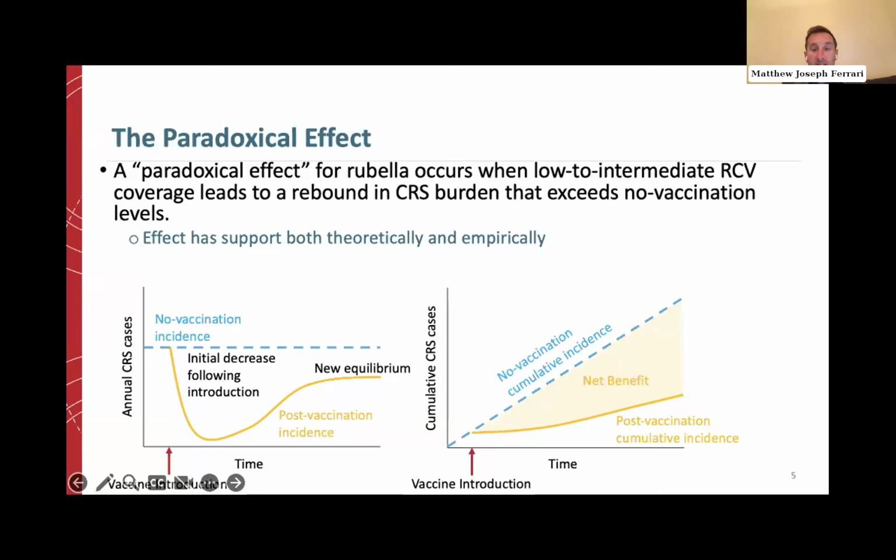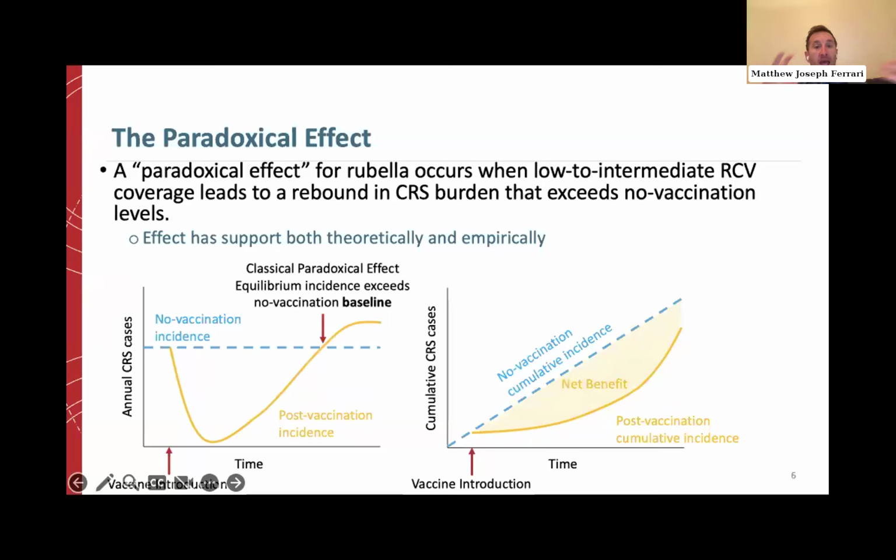Of course, if the equilibrium incidence is lower than the no vaccination scenario, then the cumulative incidence is always lower, and you always have a positive net benefit. If the post-introduction equilibrium incidence of CRS is higher than the no vaccination baseline, and this can occur because the mean age of infection is then higher and rubella remains sufficiently prevalent, then we can get this classical paradoxical effect where CRS rates increase in the long term.